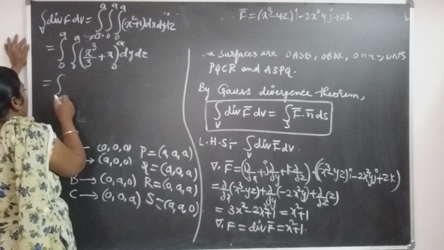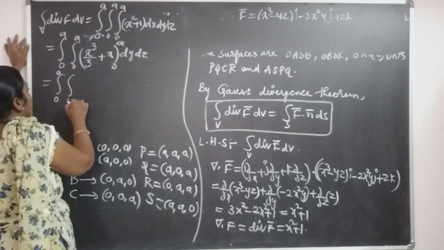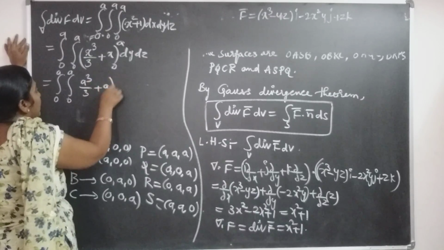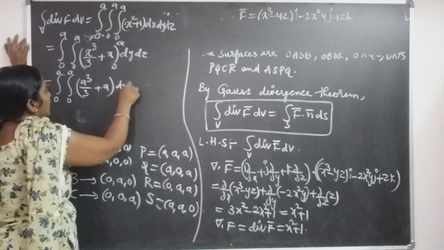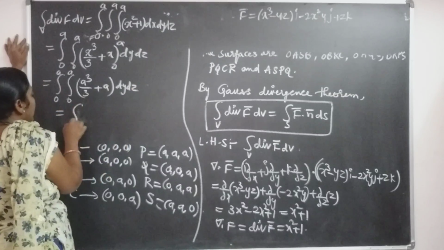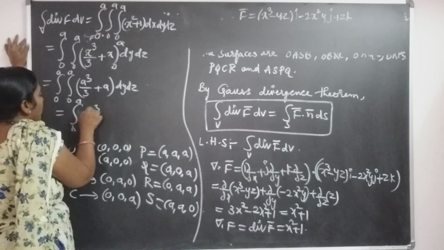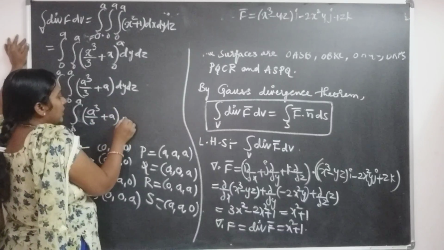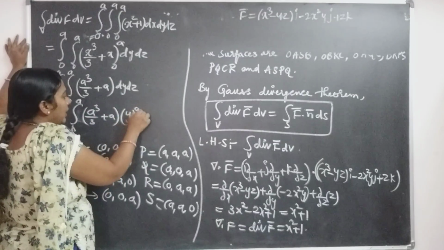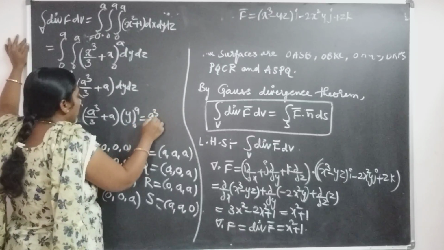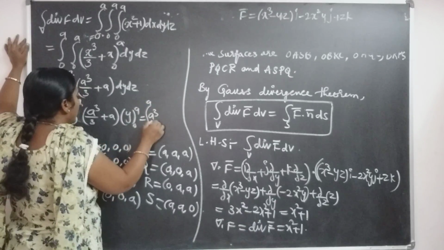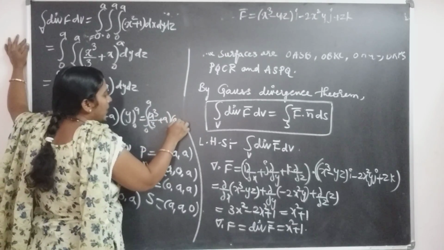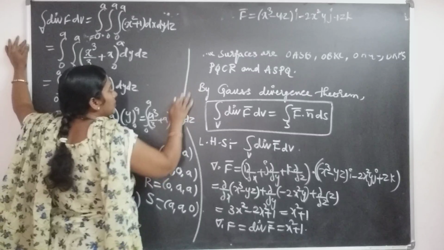It is equal to integral 0 to a, integral 0 to a, of a cube by 3 plus a, into dy dz. It is equal to integral 0 to a of a cube by 3 plus a, where a is a constant, dy integration is y from 0 to a. It is equal to the integral of a cube by 3 plus a into a minus 0, dz.